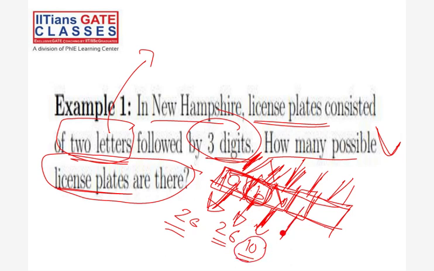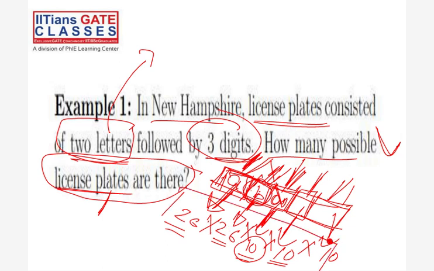Similarly, once we put some digit here, let's assume I put 0 here, I can still put any of the digits from 0 to 9 here. So I can complete this task in 10 ways. Similarly I can complete this task in 10 ways, and our main task will be completed in 26 multiplied by 26 multiplied by 10 multiplied by 10 multiplied by 10 ways. So this will be the answer.